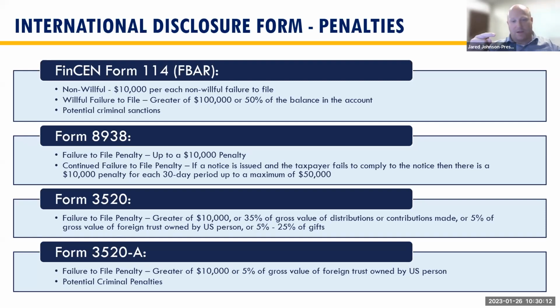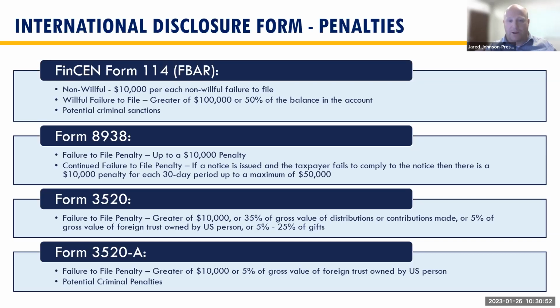You can see the different civil penalties, and the biggest issue is that if you're willful in your failure to file, there could be criminal sanctions brought against you. The biggest issues here are these penalties. I spend a lot of my time every day dealing with people who have missed these and helping them come back into compliance.